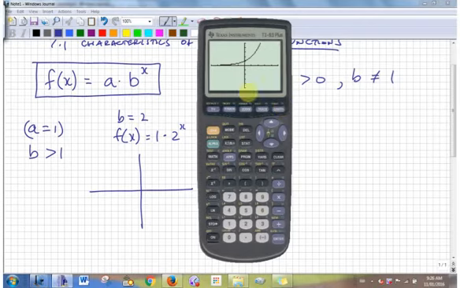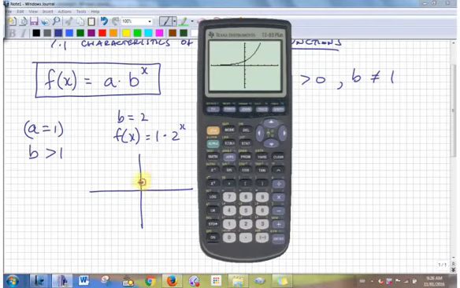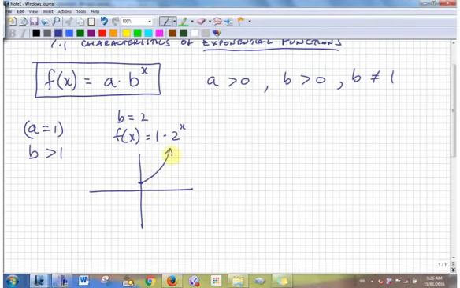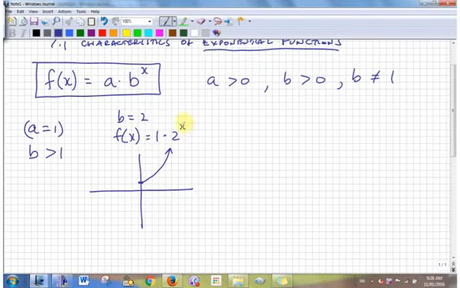There's a point here, 1, that it goes through, and it increases as it goes that way. There's an arrow there. X can be as big as you possibly want to graph. Is there any restriction on x here? No. And on the negative side, it looks like it only goes to about negative 4. But could I put in negative 10 in here?